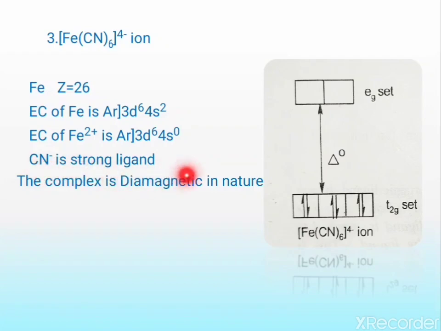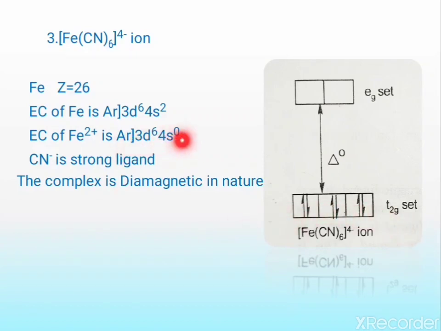CN minus is a strong field ligand. As a result, the d orbital splitting into t2g and eg is very large. There is a large energy gap between the t2g and eg sets of orbitals. That's why the distribution of electrons is to t2g only.